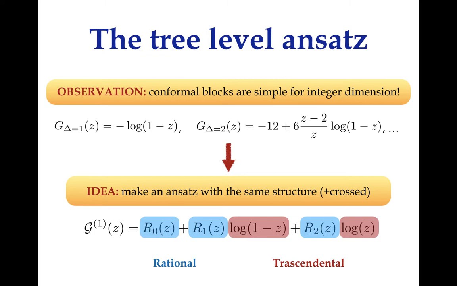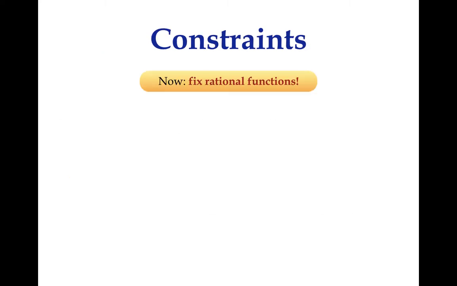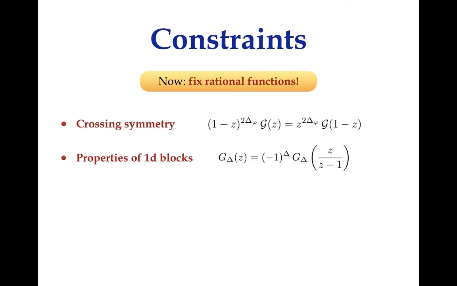Now that we fixed the transcendental structure of the correlators, we need to put some constraints on the rational functions. And the constraints that we're going to use are essentially crossing symmetry, a transformation property of the 1D conformal blocks, and the knowledge of the first terms in the S-channel OPE, which is the small z expansion of the correlation functions.